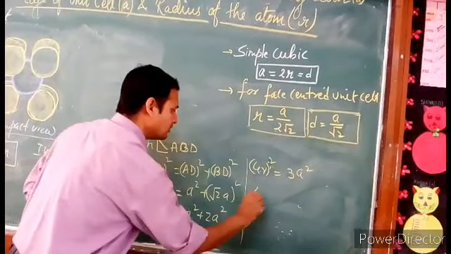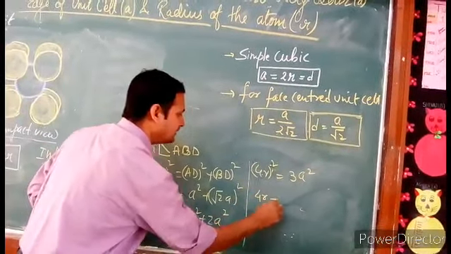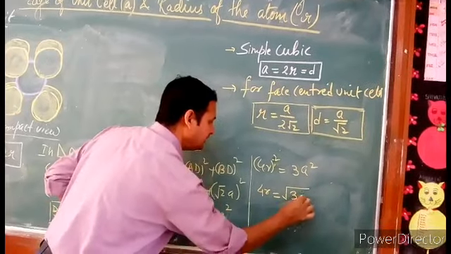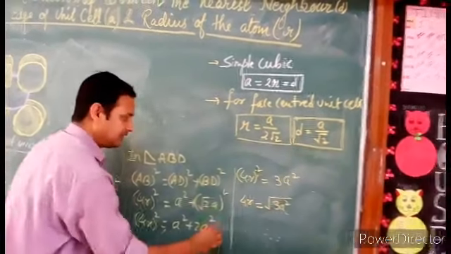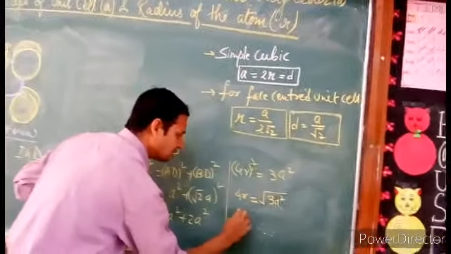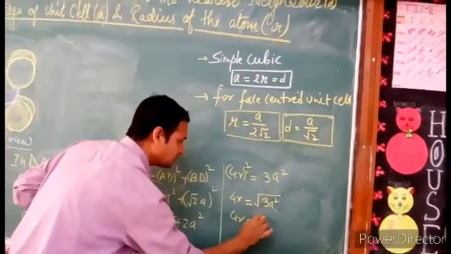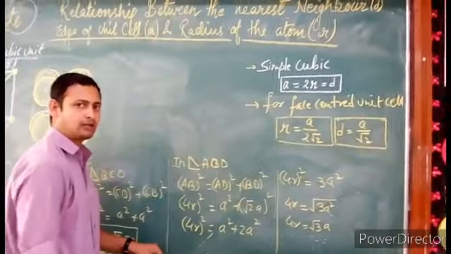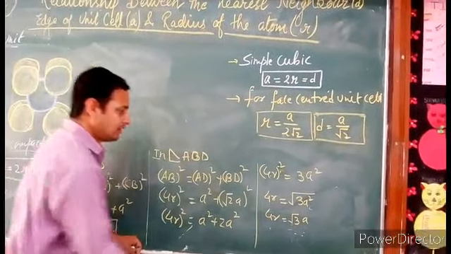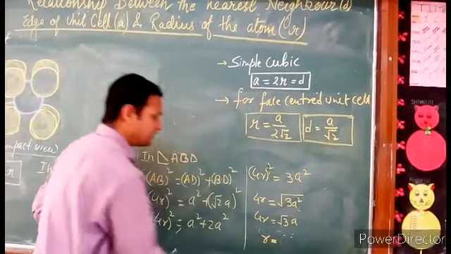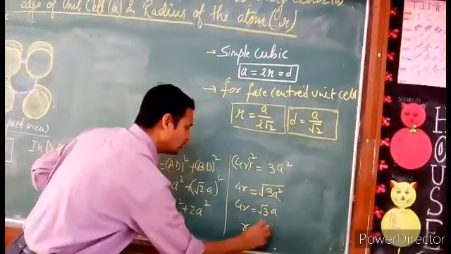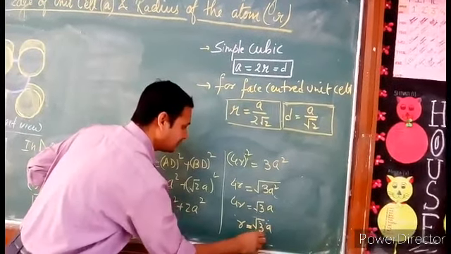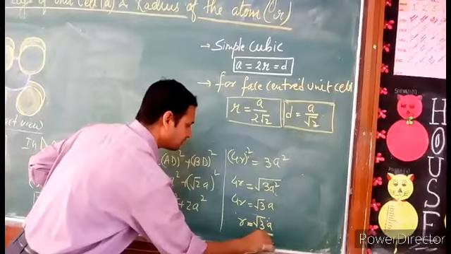Or we can say 4R equals root of 3a square, which comes to 4R equals root 3 a. And here R equals root 3 a by 4.